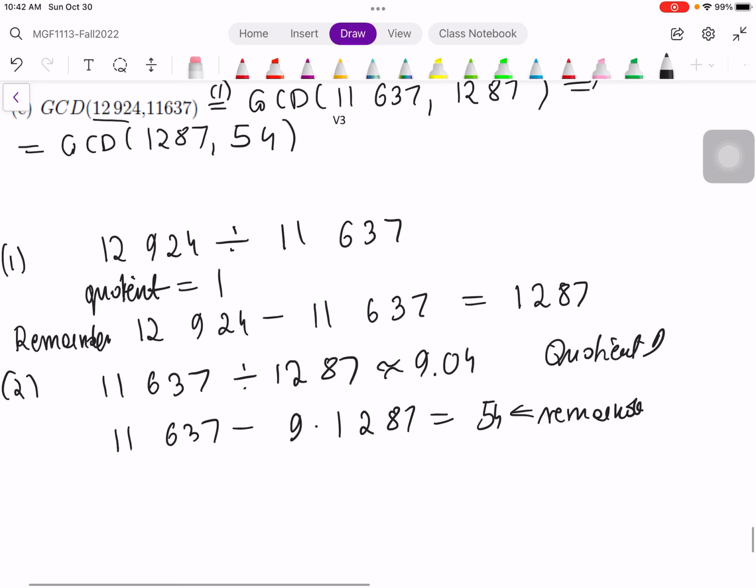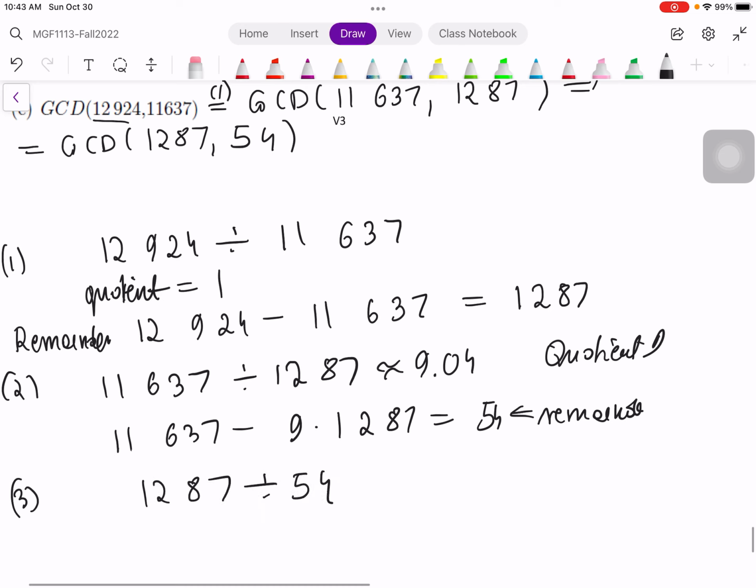So now you continue this Euclidean algorithm. Now the two numbers involved are 1,287 and 54. So do this division to see what your quotient is. When you divide on the calculator, you get about 23.8. So your quotient is 23.